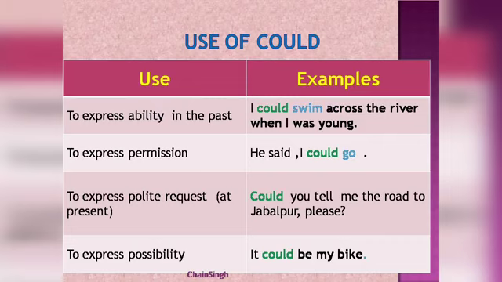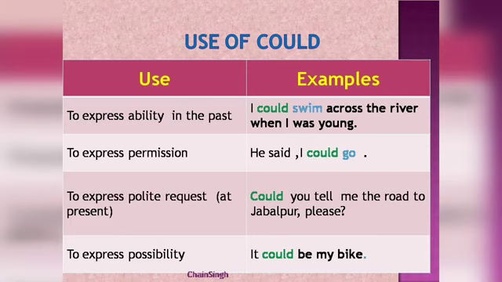Now we will see the use of could. First, to express ability in the past. Example, I could swim across the river when I was young. Second, to express permission. He said I could go. Third, to express polite request.